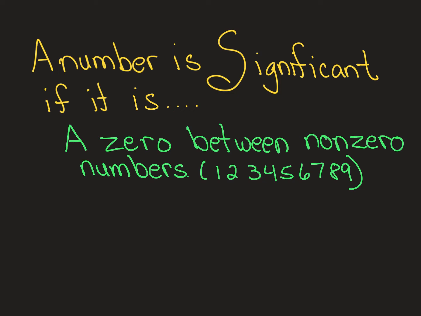So a number is significant if it's between those. So let's look at some examples. We have 8.03. So when we're counting these significant figures, that's 1, 2, and 3. So this one has 3 significant figures.